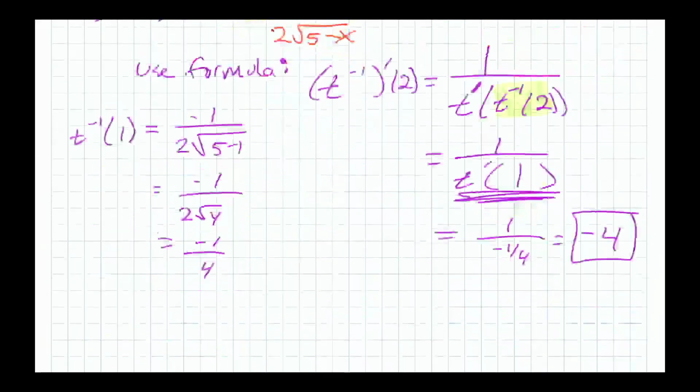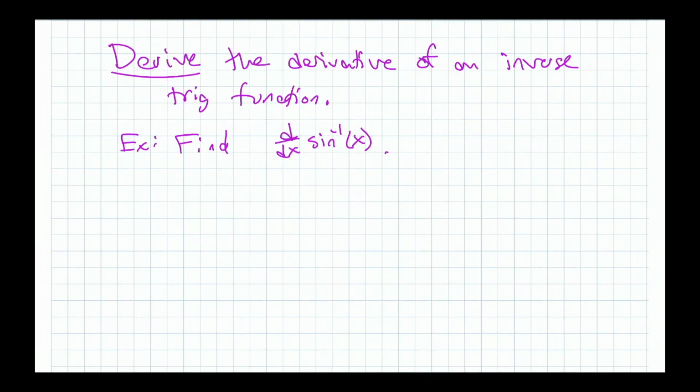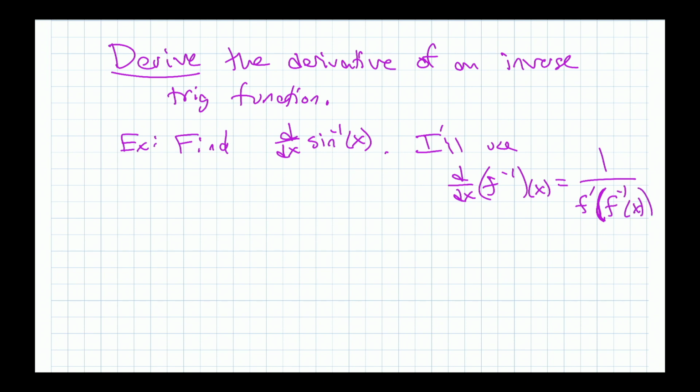You know what it is, the derivative of an inverse, right? d dx of f inverse, awkward notation. What was it? It was 1 over f prime of f inverse of x, right?